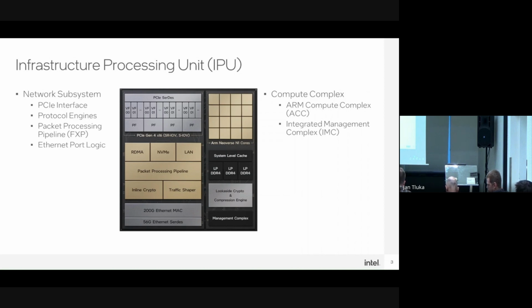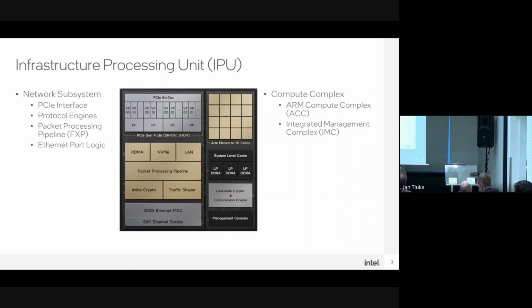Packets normally flow from north to south or vice versa, from host to Ethernet port, or from Ethernet port to host. Optionally, packets can be redirected to the ARM compute complex subsystem called ACC, and then do full packet processing with 16 ARM cores.